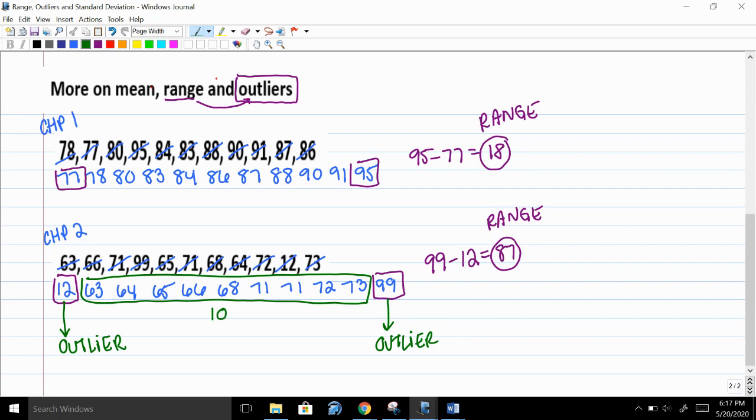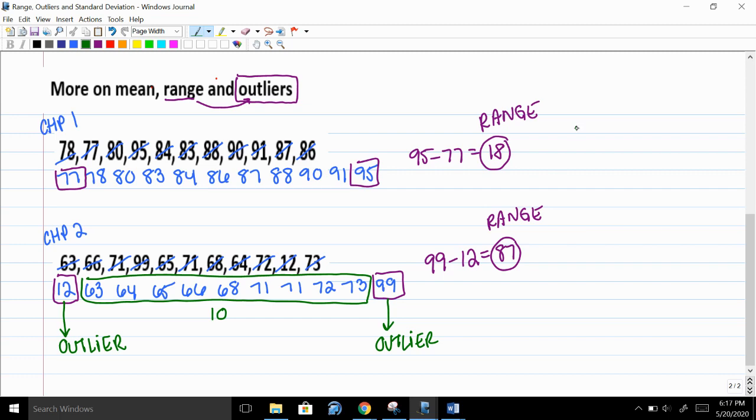So the range in that middle pack of numbers is 10. Then you got one person that did really, really well on the test. They got a 99. And then you got one person that did really, really poorly. They got a 12.